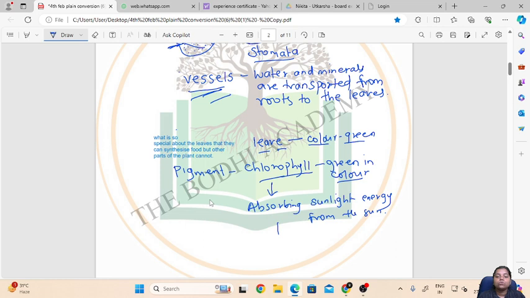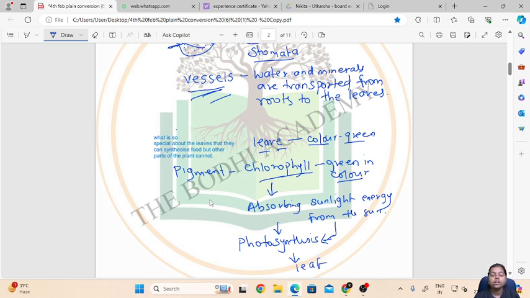The process of synthesizing of food in plants is called photosynthesis, correct? And the sunlight plays a vital role in the photosynthesis process. So chlorophyll is the pigment responsible for light absorption, and that is why photosynthesis takes place only in the leaf of the plant and not anywhere else.